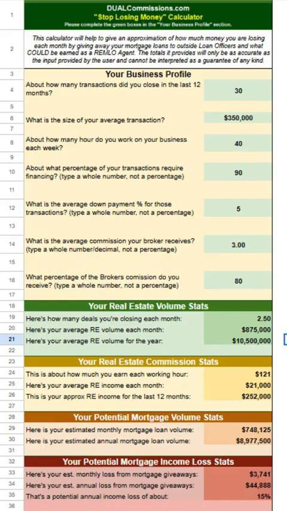Here's your estimated monthly loss from mortgage commission giveaways, $3,741 each month. We're just throwing away $3,741. Here's your estimated annual loss from mortgage commission giveaways, $44,000, almost $45,000. That's a potential annual income loss of about 15%. You could be making 15% more than you're earning now.